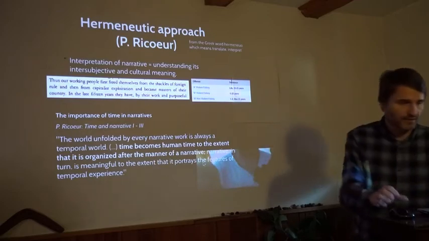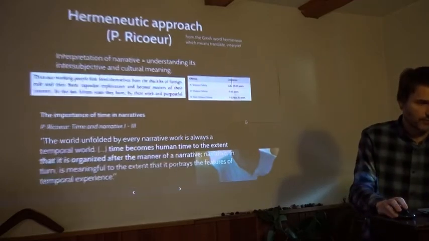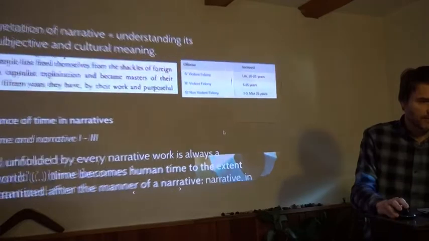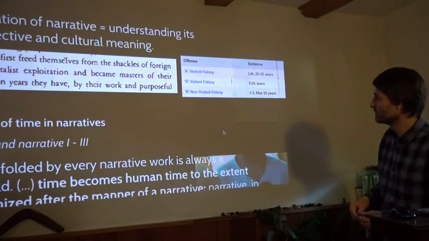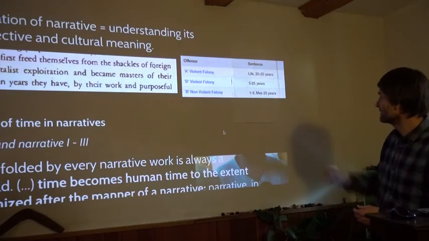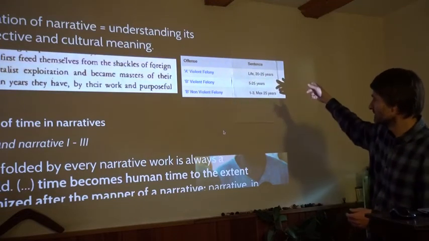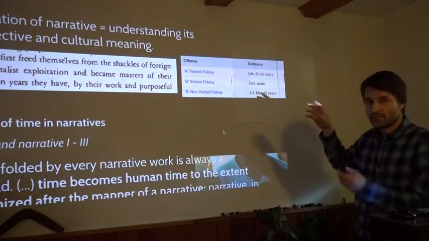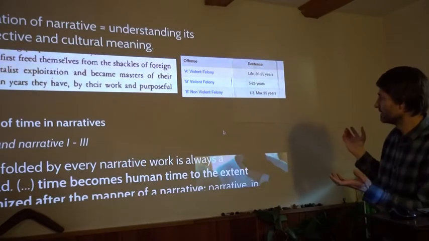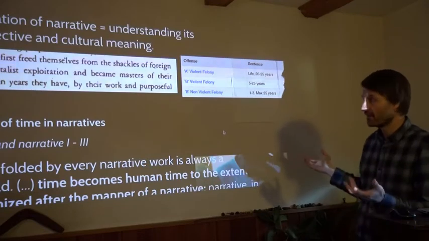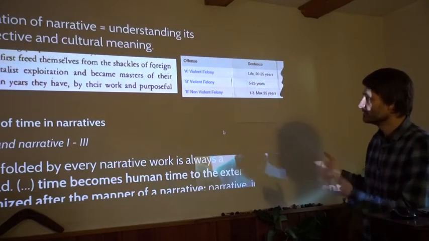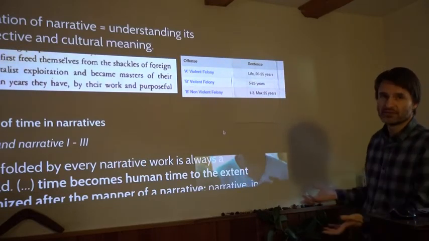And the second, I hope you can see it, the second example is the list of offenses and sentences. They both give us some information, a message, but we understand it differently.